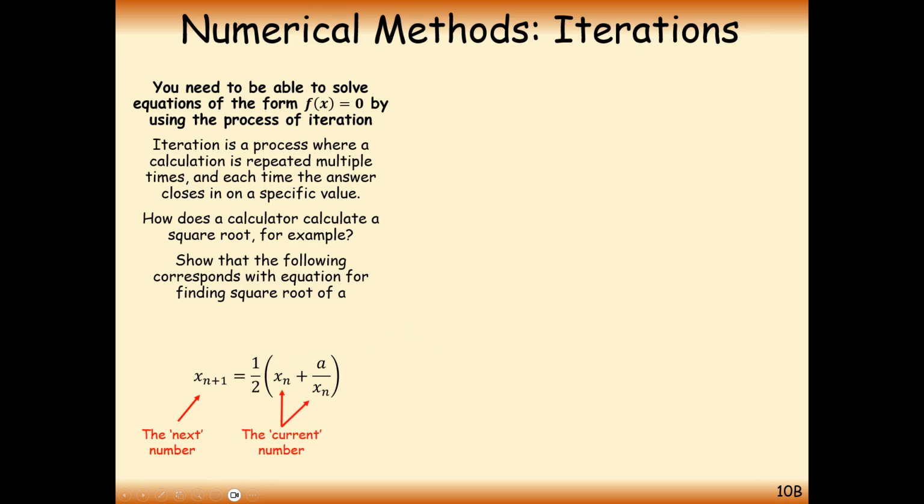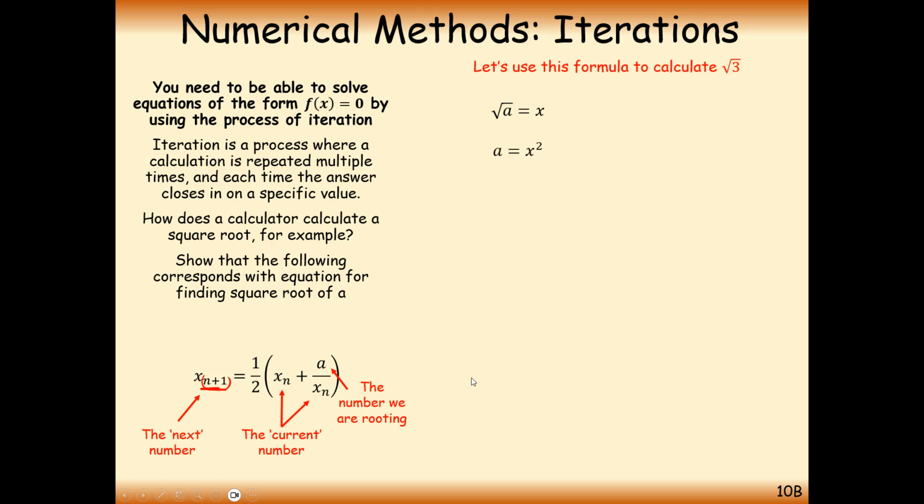The index n plus 1, the subscript, means that what comes out of the right hand side of the equation will be our input in the next iteration. As we said, we are going to feed the output back into the function itself.